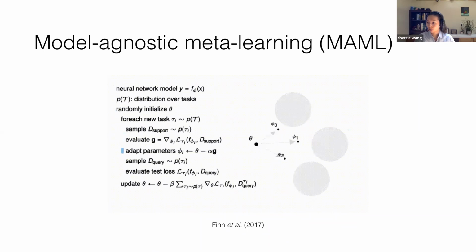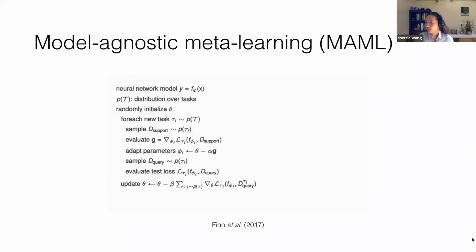There's the pseudocode on the left if you're familiar with reading such things, but I'll try to describe what it's doing more in English. So if you look at the animation, what model agnostic meta learning is doing, and by the way, it's called model agnostic because it can be applied to any model that can be trained using some sort of gradient descent type algorithm.